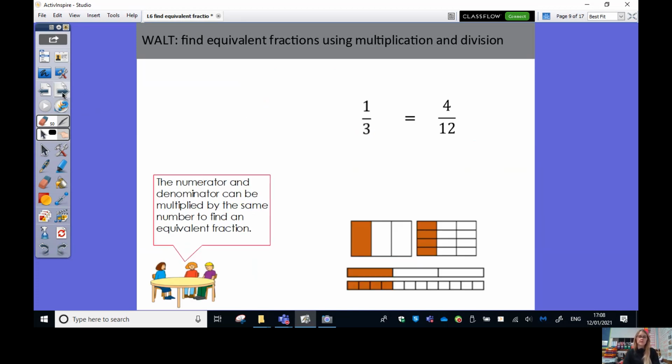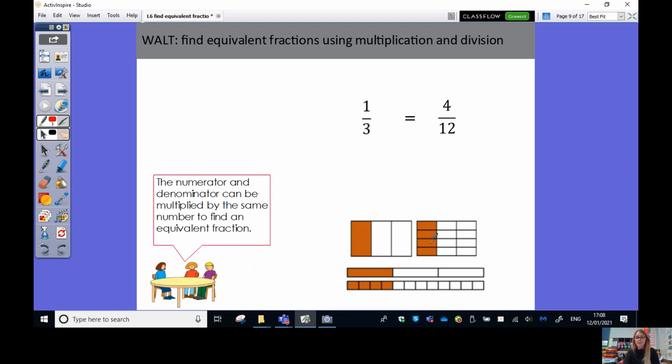So let's look at that in a little bit more detail. Okay, so the numerator and denominator can be multiplied by the same number to find an equivalent fraction. So I've got 1/3 and 4 12ths. So as you can see from my pictures underneath, this one's been split into 3 parts and this one has been split into 12 parts, but the same amount is shaded.